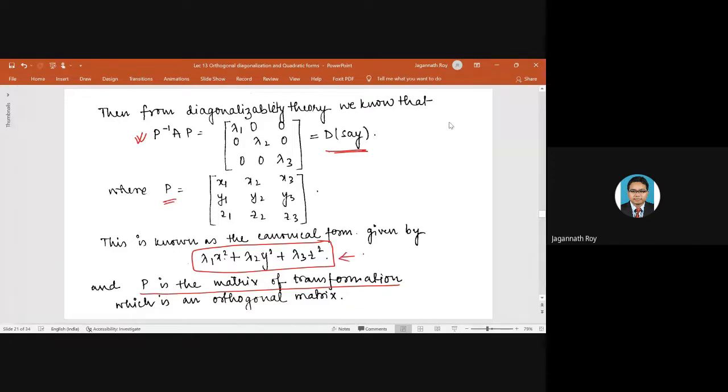This is also known as the sum of squares form, or it has another name, the principal axis form.